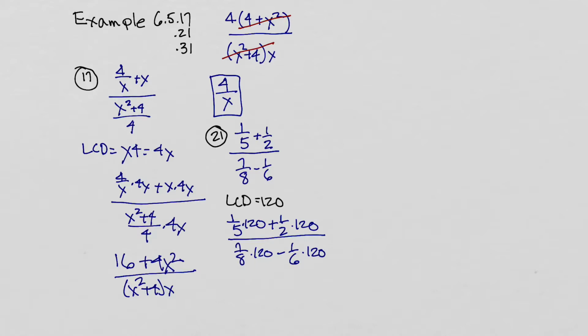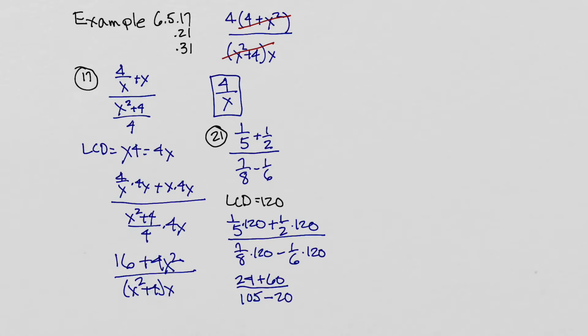So we'll get 24 plus, now 2 will go into 120 60 times, and then 1 times 60 is 60, over, now this 8 will go into 120 15 times, and then 15 times 7, I get 105 when I did that on a piece of paper, minus, now 6 will go into 120 20 times, so that's going to be a 20.